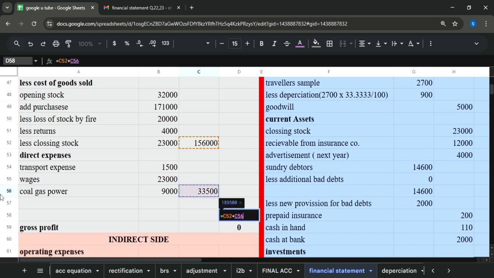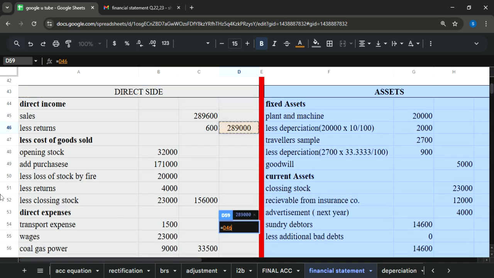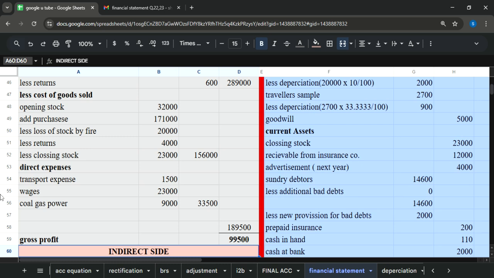So we have got final amount of cost of goods sold, and here you will now calculate amount of gross profit. This is sales less cost of goods sold, after which we have got our gross profit 99500.